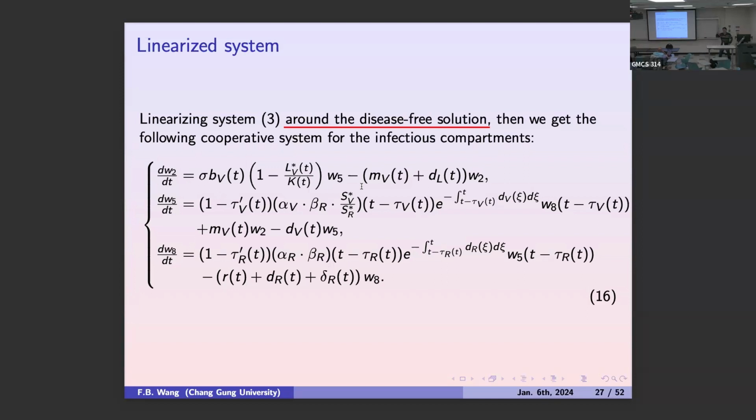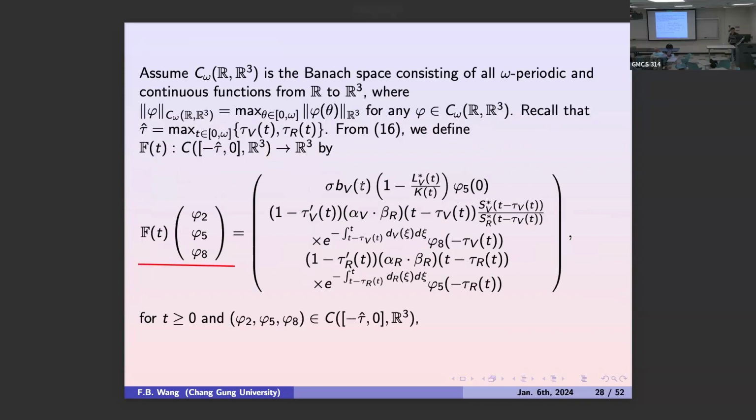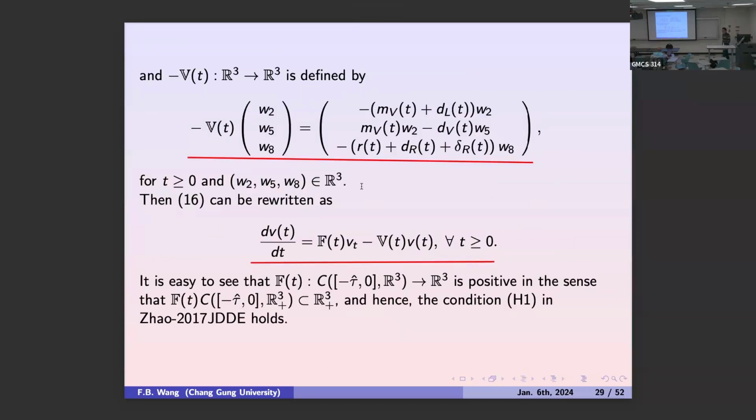So we need to find two matrices, F and V. But because it is a delay equation, F is a functional, not a matrix. And we can have another matrix V, like this one.